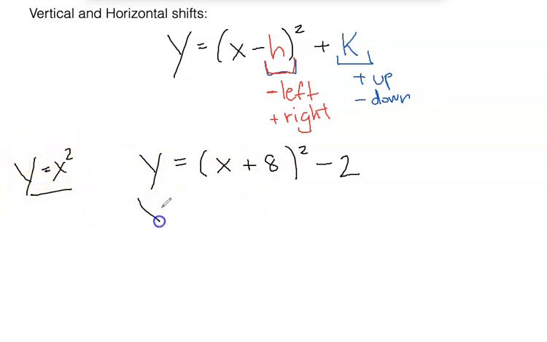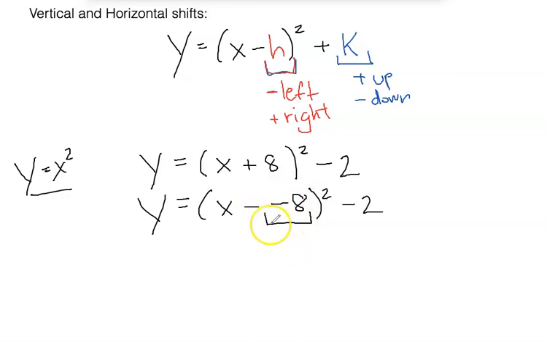Well, remember, we can rewrite this equation as x minus -8. A double negative would equal positive. We've just rewritten that equation so that we can identify that horizontal movement better. Now looking at our h value, it's a -8.